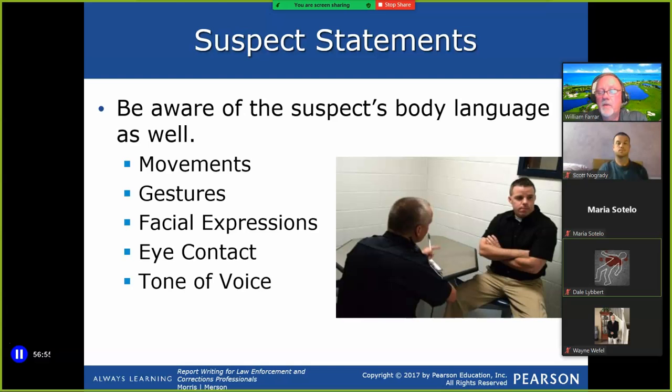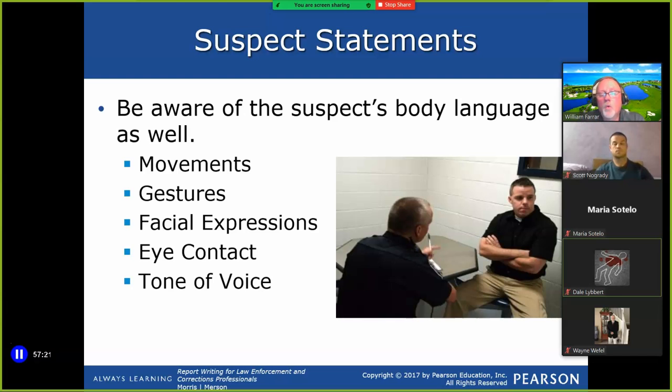Eye contact is important. A lot of times when people won't make eye contact, it doesn't mean they are guilty, but could that be a sign that they might be a little guilty and they don't want to look at you? Or they look straight down at the floor? Yeah, so that's another thing to really start thinking about. Their tone of voice. If they're amped up, is their voice high?